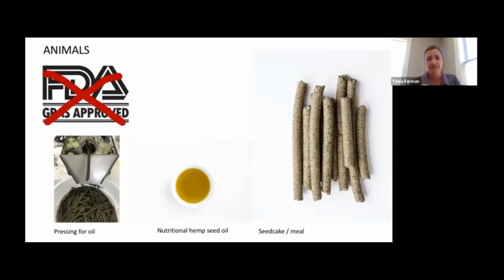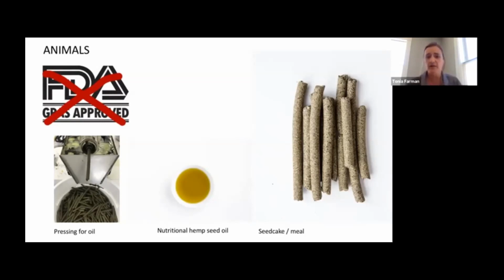So I want to go into what happens here and why the animal market is so key. You can see that picture on the left where we're pressing for oil and all that seed cake piles up. One ton of grain produces about 48 to 50 gallons of oil, but it also produces about 1,400 to 1,500 pounds of seed cake.